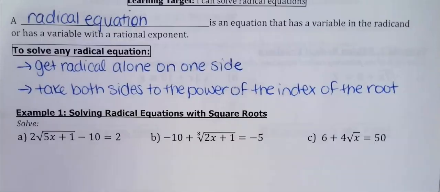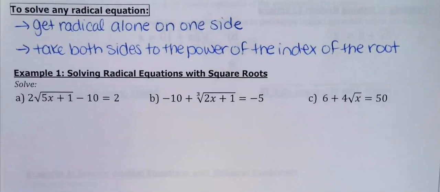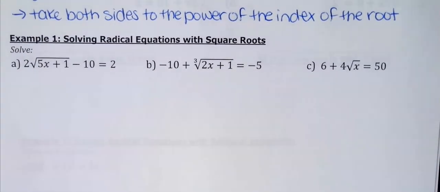Okay, so I just have a bunch of different radical equations. Each one's a little bit different here. My first one is a square root, so I've got 2 times the square root of 5x plus 1, all that under the square root, and then minus 10 equals 2. If you're trying to get the square root alone, what would you do first?